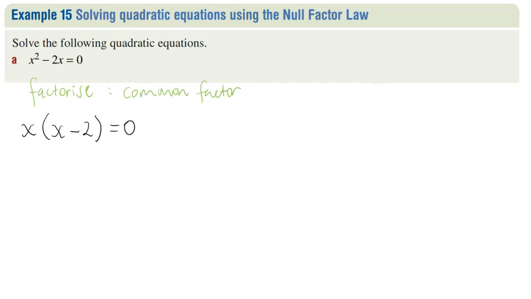Then I need to apply the null factor law. I'll just write that on the side, null factor law. So I know that either this factor equals 0, so x equals 0, or this factor, x minus 2 equals 0.